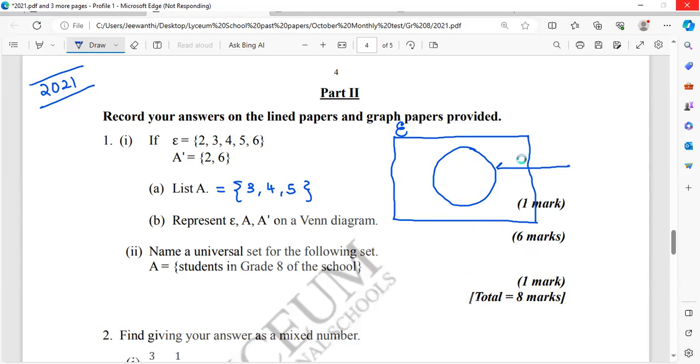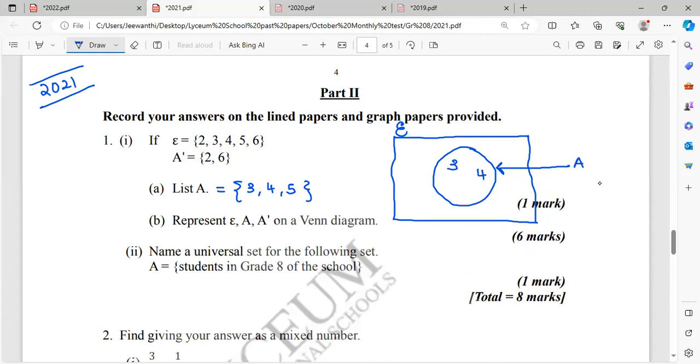Give me a second, my pen is not working. Right, okay, so this is A. I write 3, 4, 5. So this is A: 3, 4, 5.